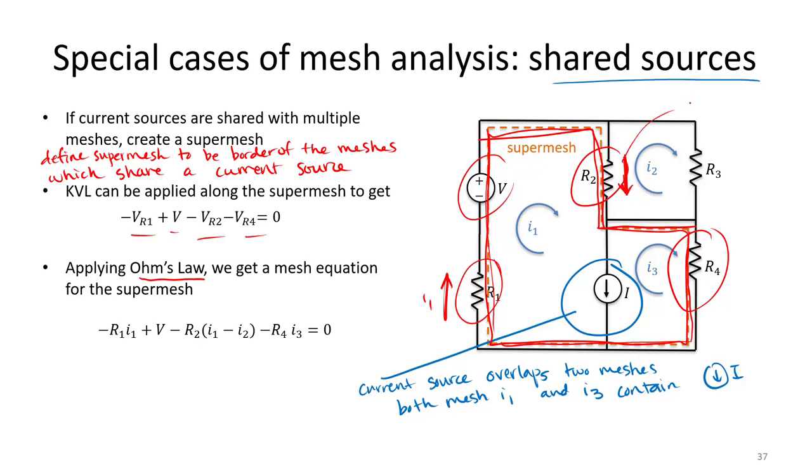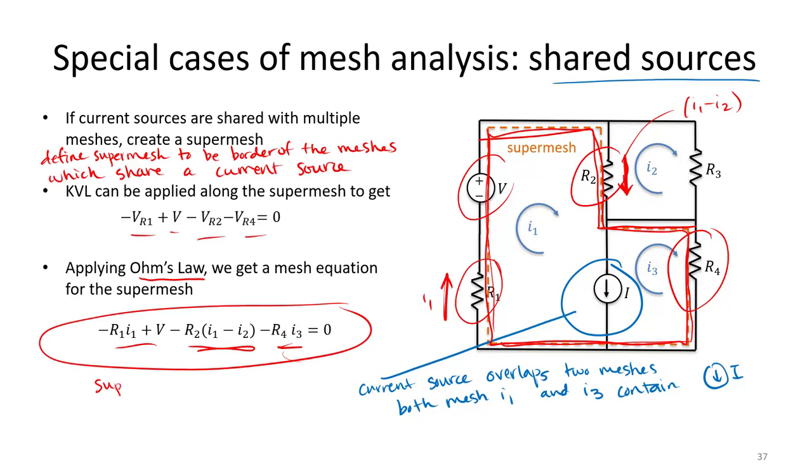So here we had I1 minus I2 flowing through R2, and then R4 only had current I3 going through it. So we're able to get what we call a supermesh equation. A supermesh equation is a mesh equation written for the supermesh.